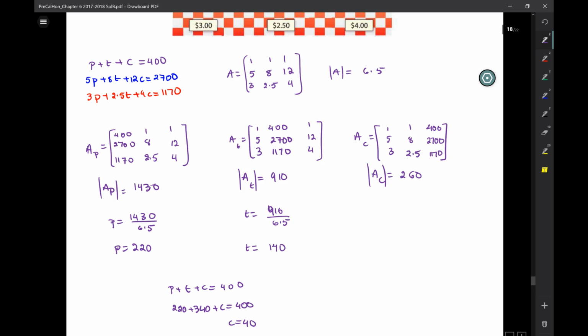So then, 220 pie, 140 trifle, 40 cheesecake.